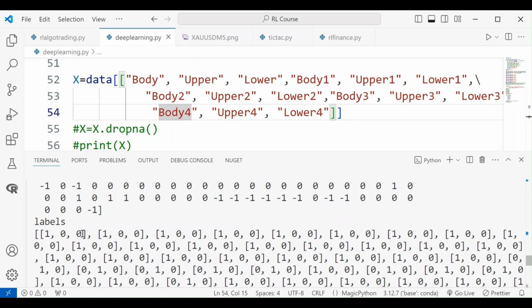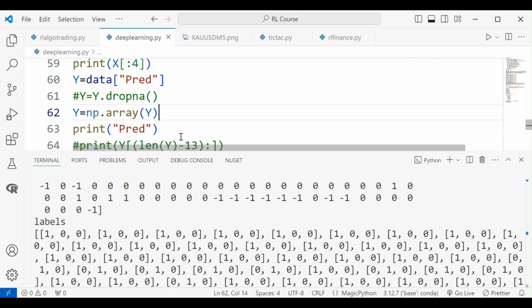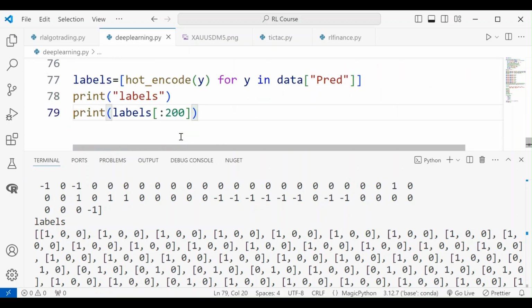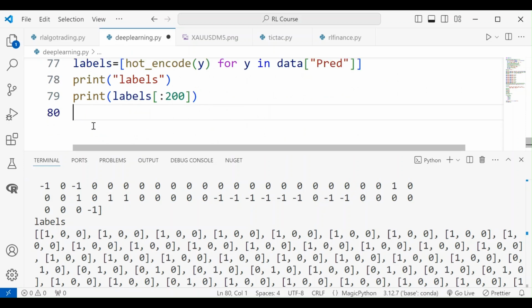In one hot encoding, each digit of 100 is a probability. So once we build our deep learning neural network, it will give us an answer something like 0.2, 0.6, 0.2, right?